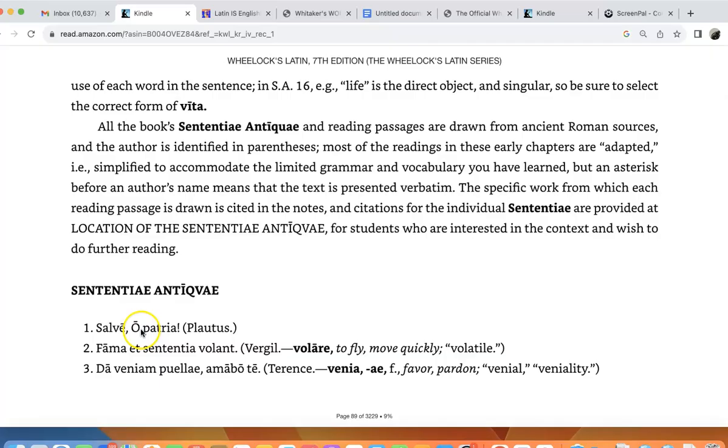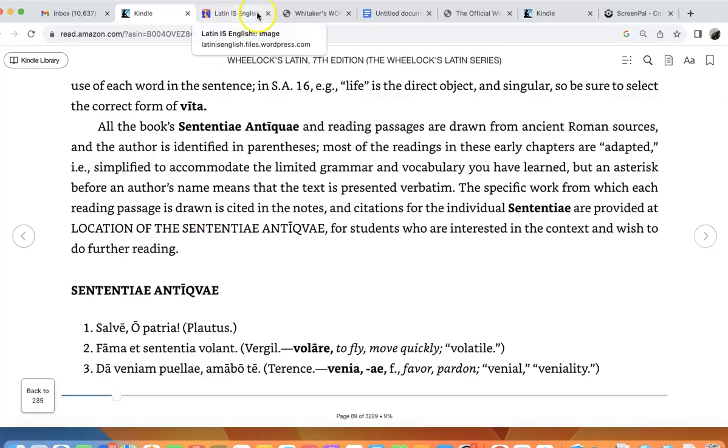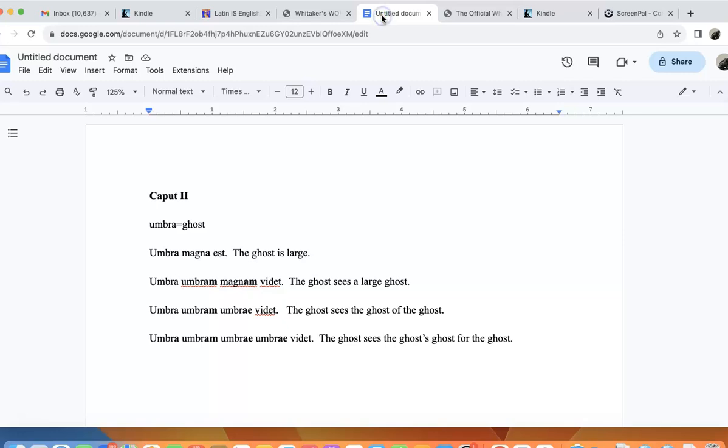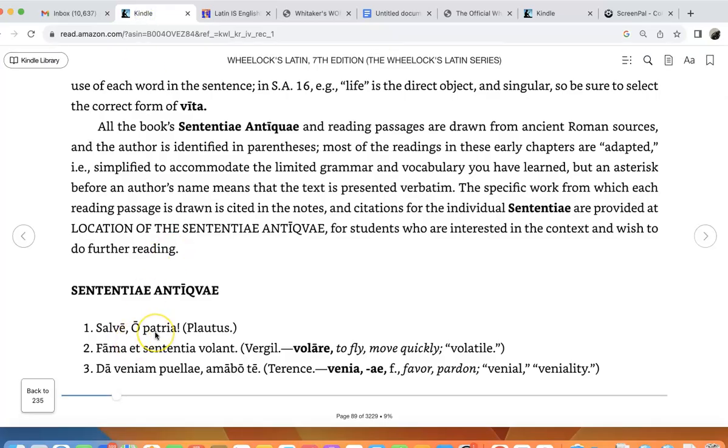So salve, O patria. Once again, in this chapter there's not a lot of grammar explanation. When we get to later chapters, we will spend more time, like we did here, giving the examples, but these are so short and simple. You just have to remember what they are.